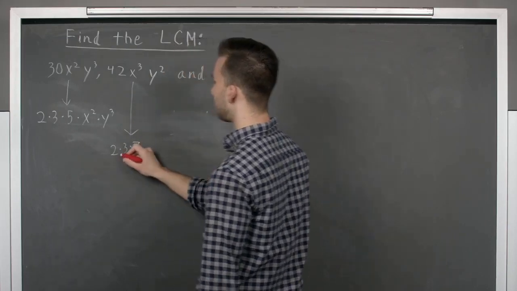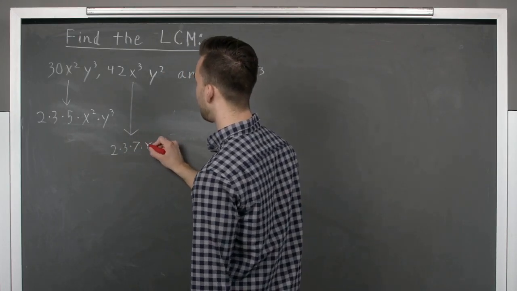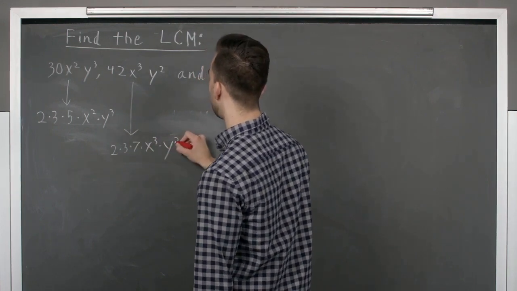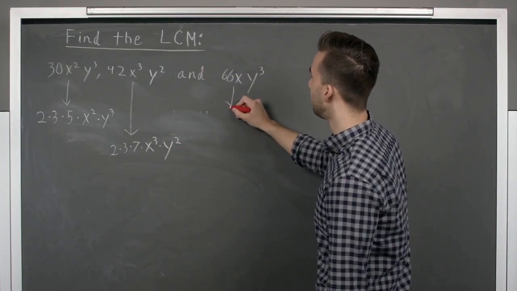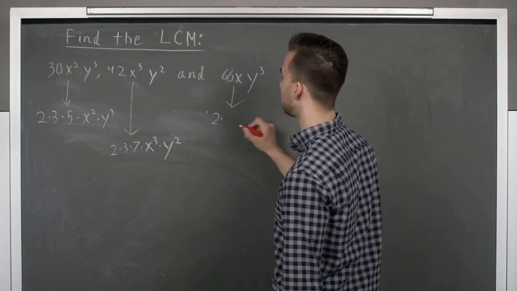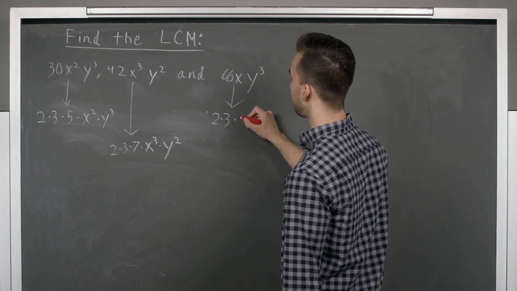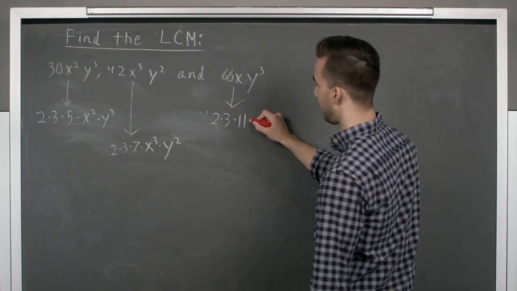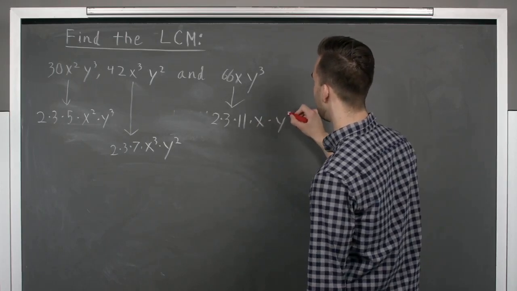So that's 2 times 3 times 7 times x to the power of 3 times y squared. For our last one, what's 66 divided by 2 gives us 33. So 33 divided by 3 is 11. So now that's in prime numbers times x times y to the power of 3.